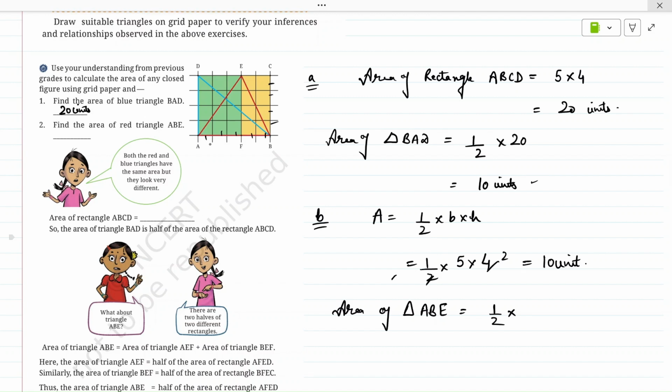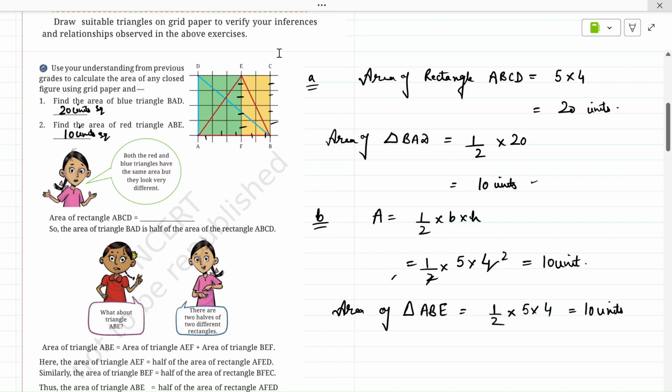The base of this is again the same, 1, 2, 3, 4, 5, and the height is again the same, 1, 2, 3, 4, again 4 squares. So the area is also the same. It is also 10 units only. I'm writing 10 units, or in fact its area is 10 square units. Now, both the red and blue triangles have the same area, but they look very different.